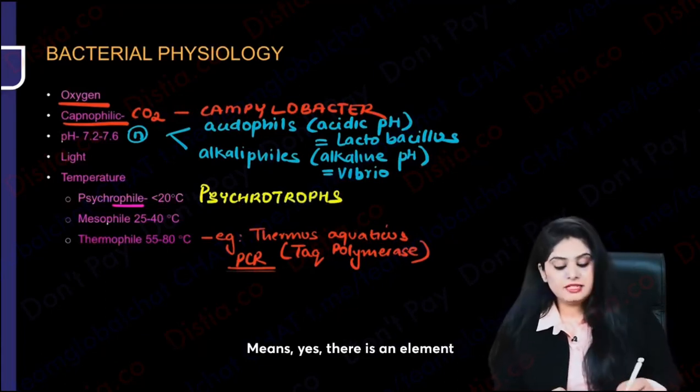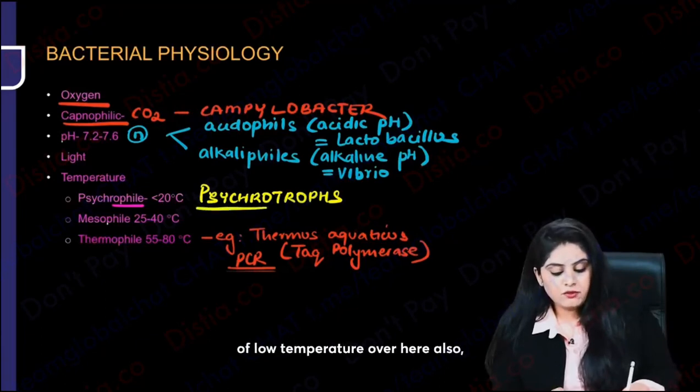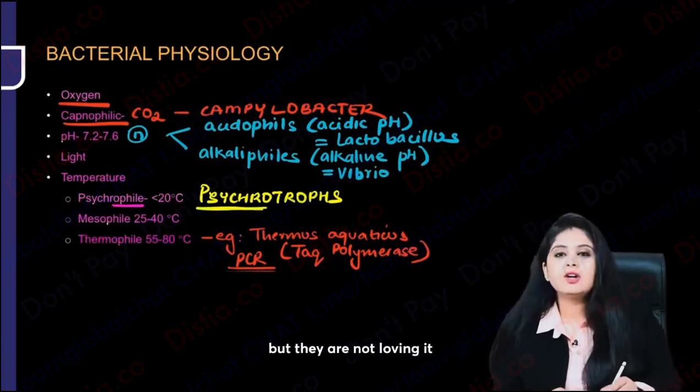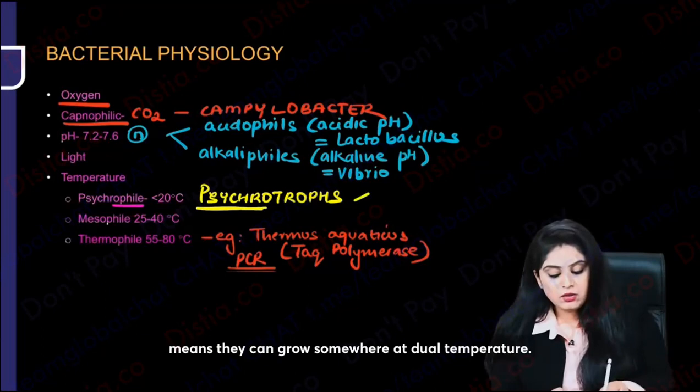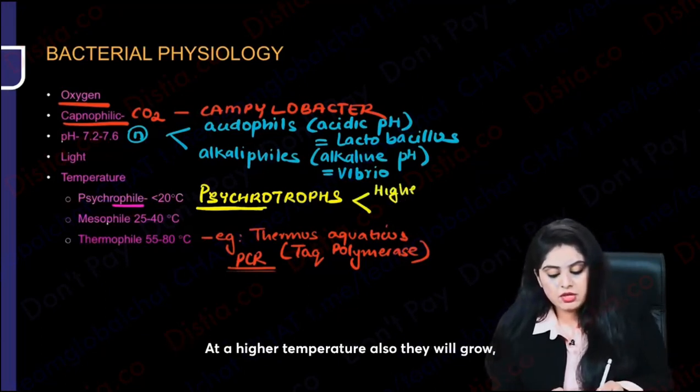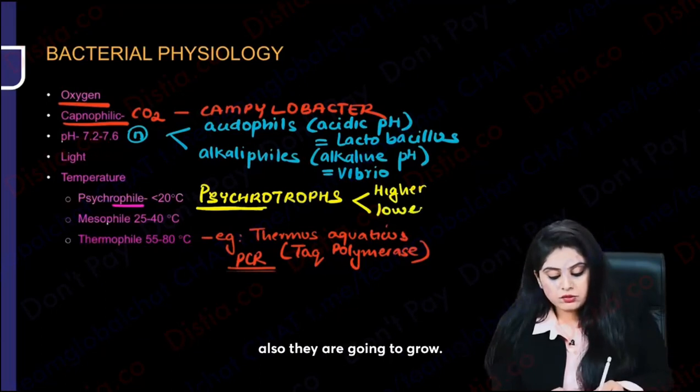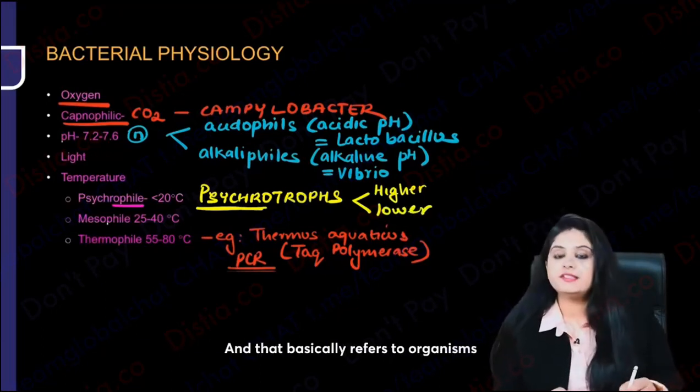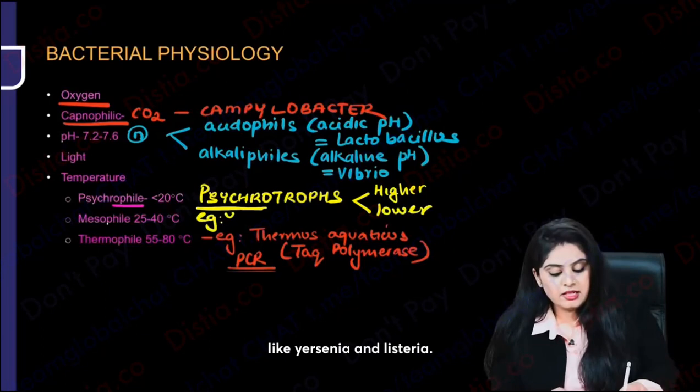Psychrotrophs means, yes, there is an element of low temperature over here also, but they are not loving it. They can grow at dual temperature. At a higher temperature also they will grow, but at a lower temperature also they are going to grow, and that refers to organisms like Yersinia and Listeria.